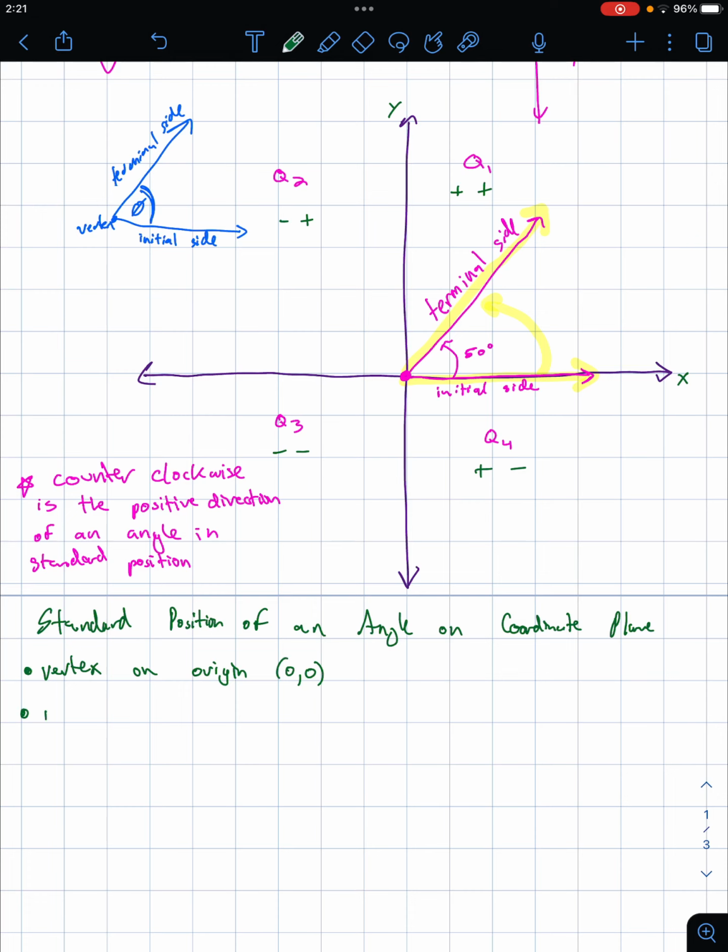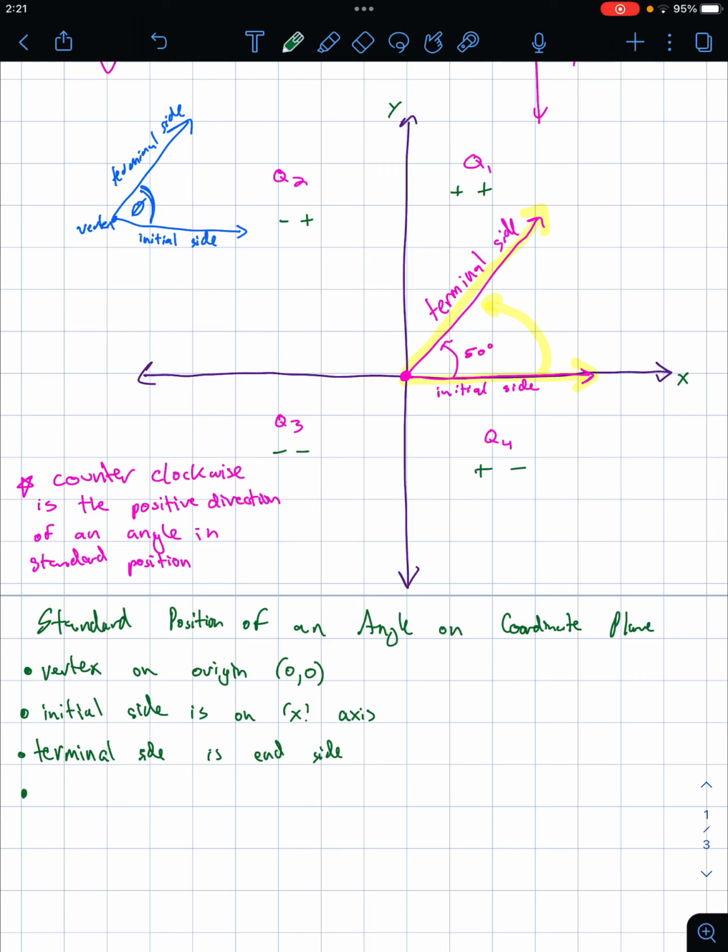We say the initial side is on the x-axis. The terminal side, terminal like the word terminate, terminator, right? It means to end. So the terminal side is the end of the angle, the end side, and it can be anywhere.